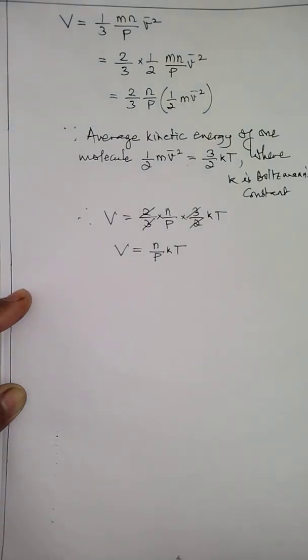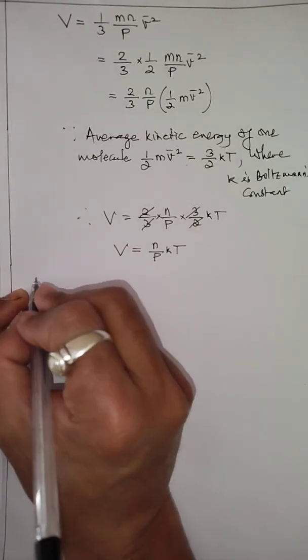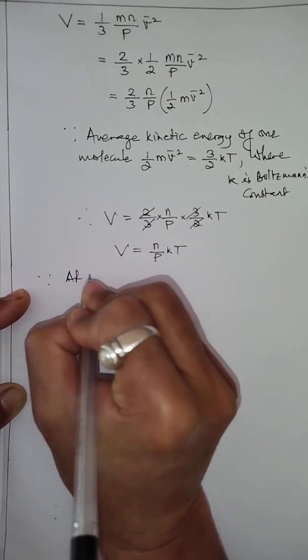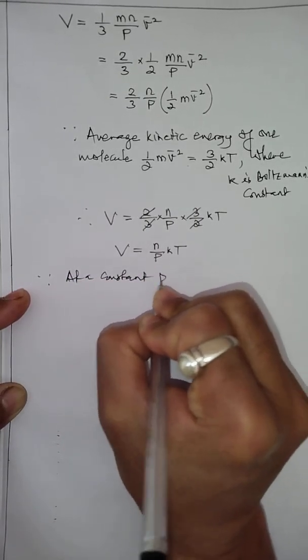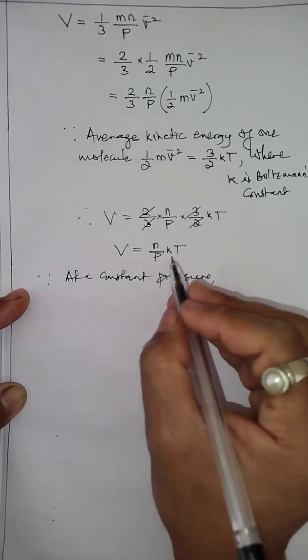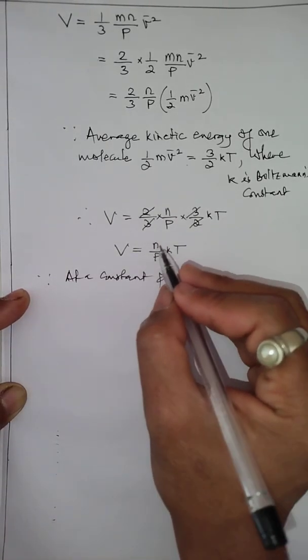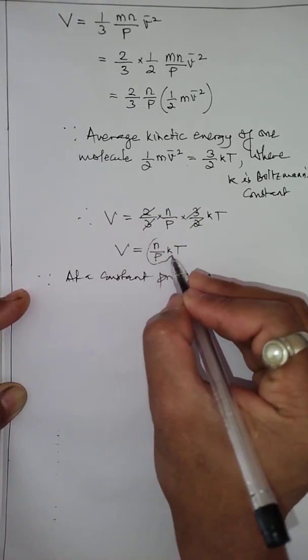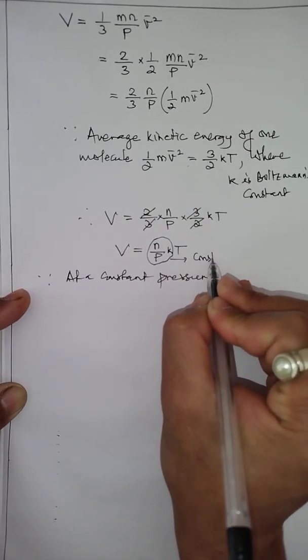But children, we are trying to verify Charles law, and Charles law can be verified when the pressure remains constant. When the pressure remains constant, this whole quantity remains constant, except the temperature.